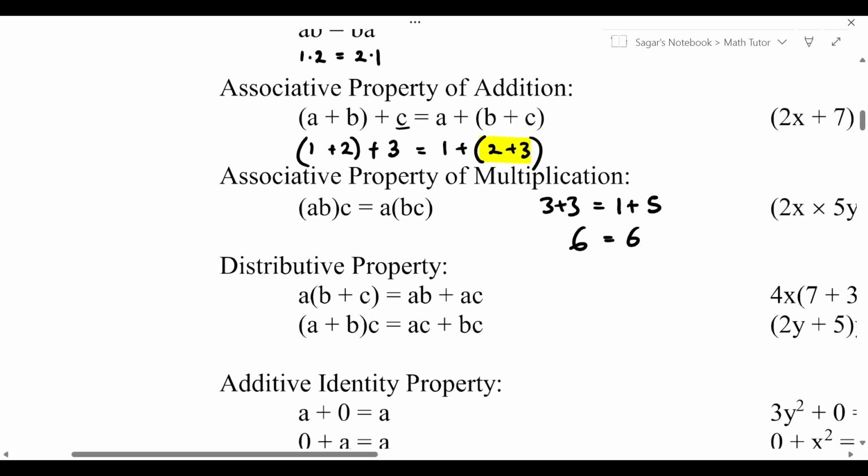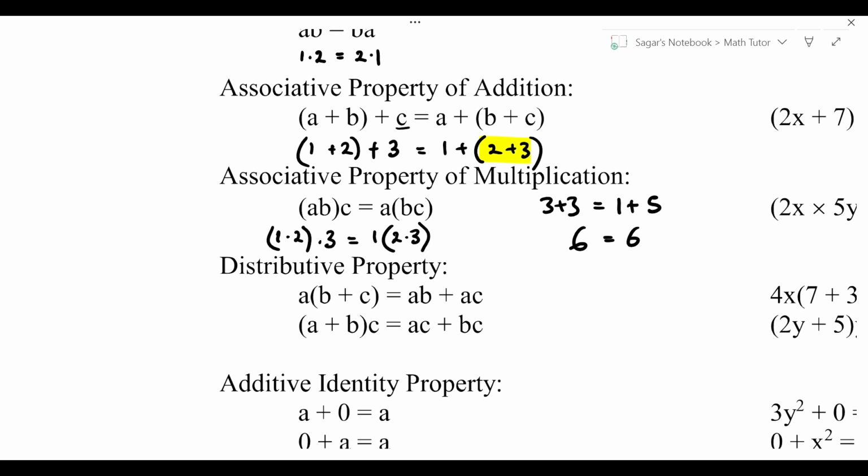Now let us move on to the associative property of multiplication. We've got 1 times 2 in brackets, times 3, which equals 1 times, brackets, 2 times 3.